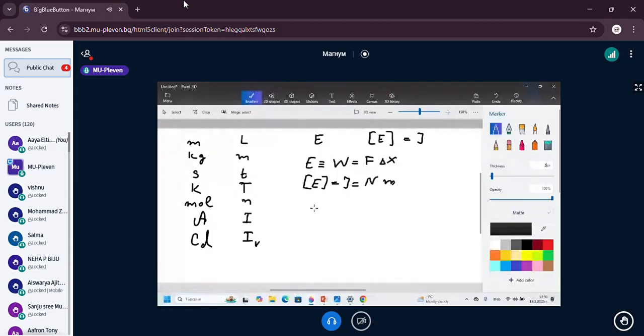Newton meter. Let me just write this once again, because it was not written well. So Newton is the unit for the force.